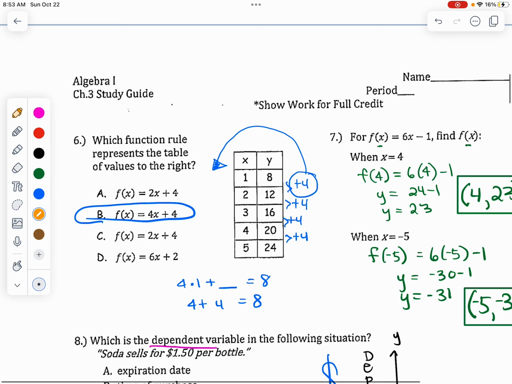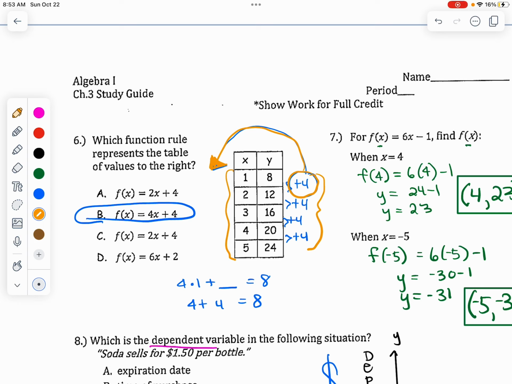On question number 6, it gives us a set of values and we need to find the function. We know that it's a function because there's a constant change going up by 4 and that the x is not repeating, right? So now we know we can write the function. If I add consecutively, that means I'm actually multiplying.